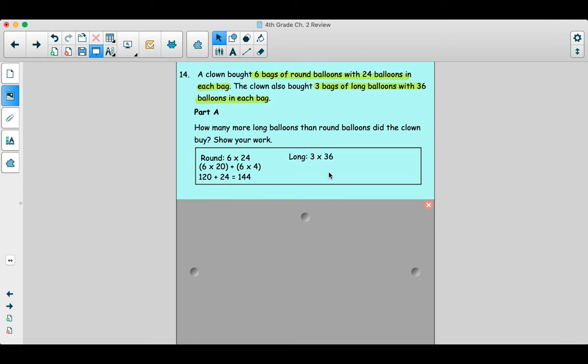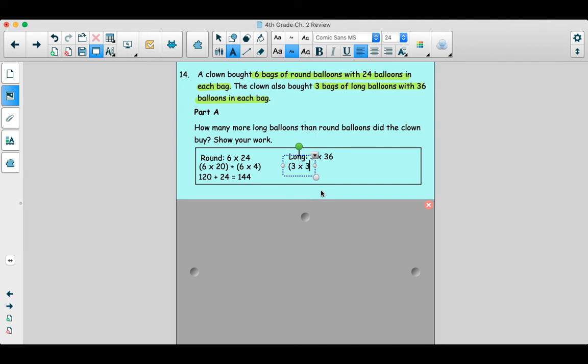Okay. So longs, I think I'm going to do the same thing. I really like the distributive property. It works well for me. Do whatever you want to do for yourself. You don't have to do the same thing I'm doing. So 3 times 30 plus 3 times 6. I'm just breaking the 36 into a 30 and a 6, and then multiplying each one by the 3.